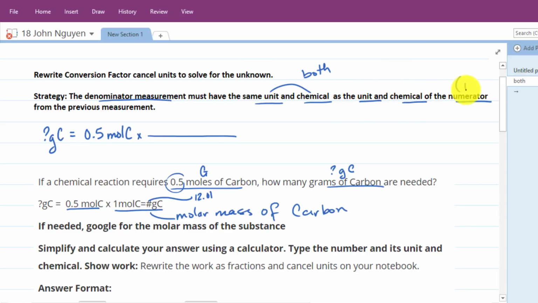The numerator is the number on top of a fraction, and the denominator is the one on the bottom of the fraction. It must have the same unit and chemical as the numerator from the previous measurement. In this case, the previous measurement has moles of carbon, so down here must have moles of carbon.